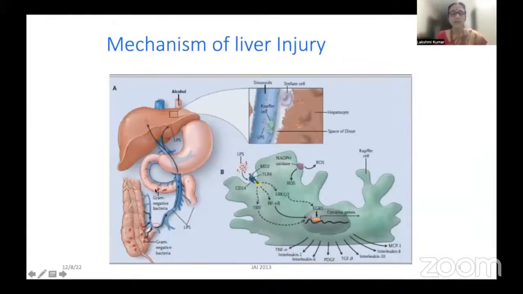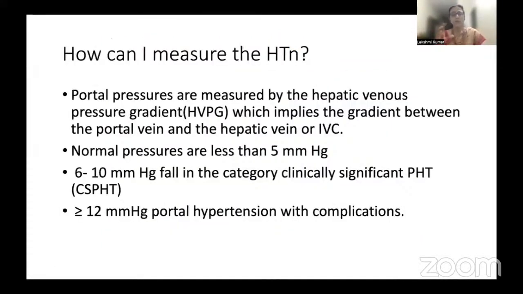Alcohol is a vasodilator, increases the gut permeability, and allows the transmigration of gram-negative bacteria. Within the hepatocyte, it activates the dormant Kupffer cells and the stellate cells, and there is a release of an enormous amount of inflammatory mediators from the stellate cells, which contributes to destruction of its parenchyma. Now we know what is portal hypertension.